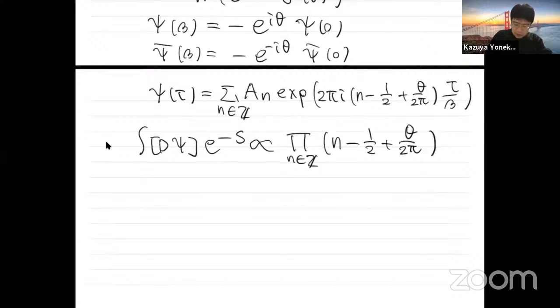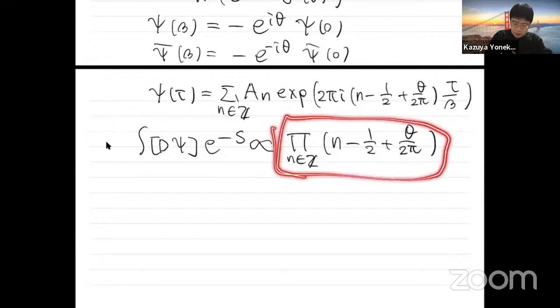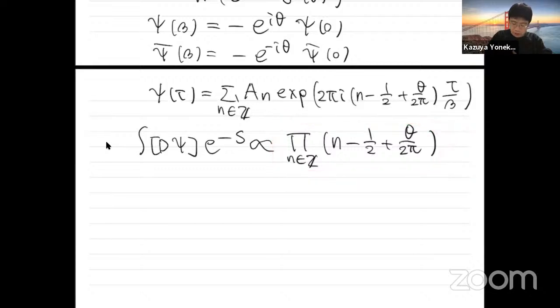However, there is still some sign ambiguity in this expression. The reason is that there are infinitely many eigenvalues which are negative, and we are taking products of these infinitely many negative eigenvalues. So the sign of this expression is not determined by this formal expression. So we have to fix the sign of this expression.